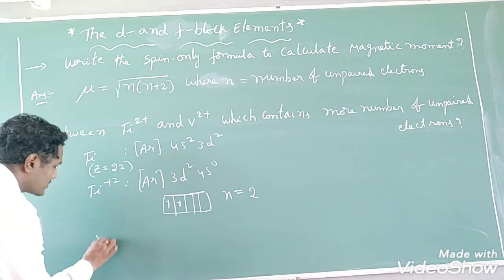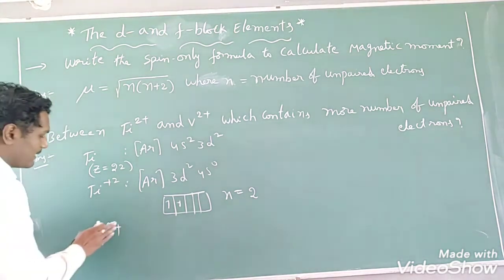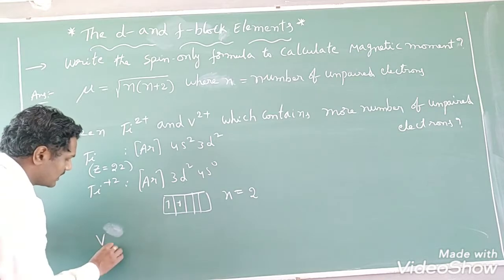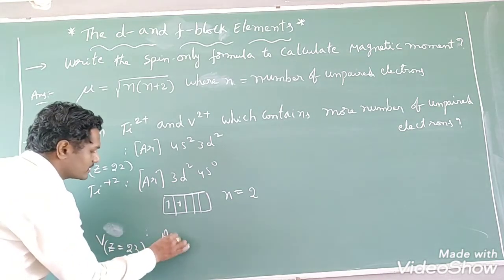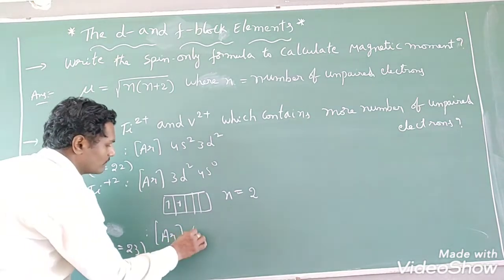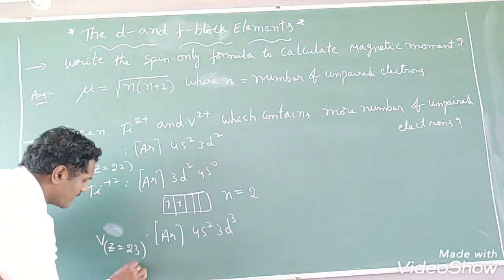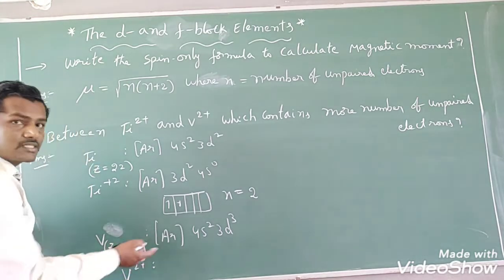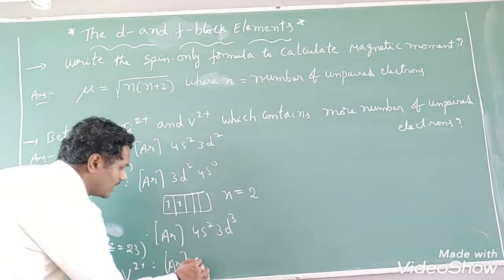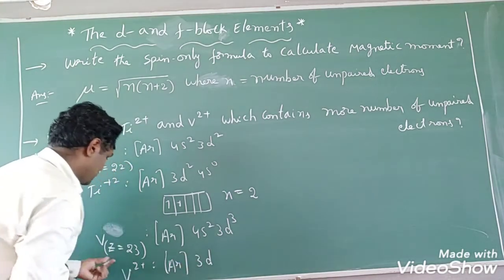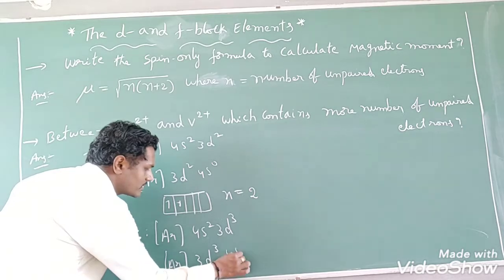In the similar manner, let us check with vanadium plus 2. The atomic number of vanadium is 23. The electronic configuration is argon 4s2 3d3. Vanadium plus 2 loses 2 electrons from 4s, so the configuration becomes argon 3d3 4s0.